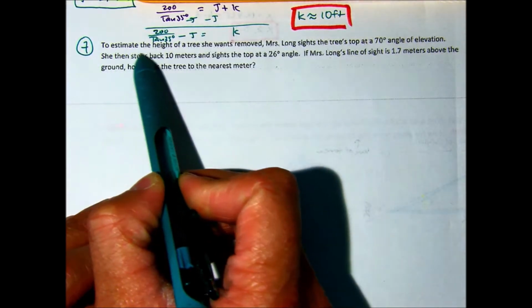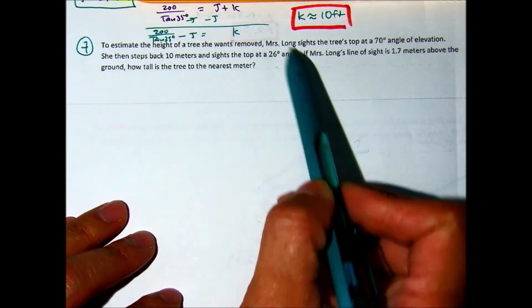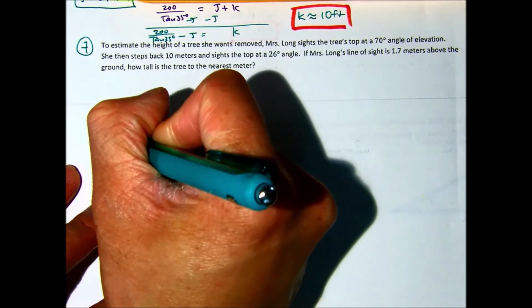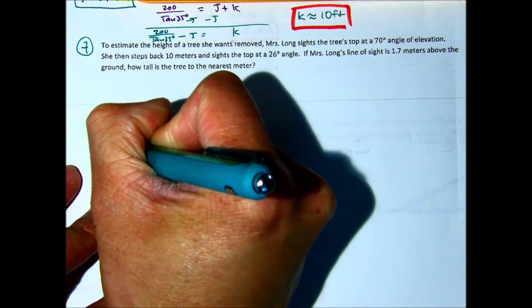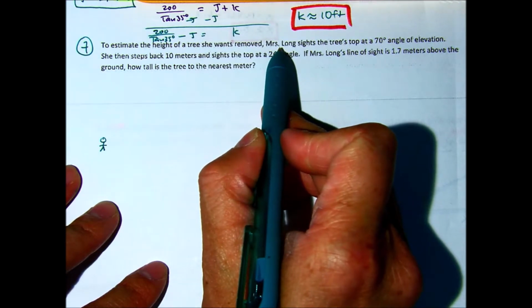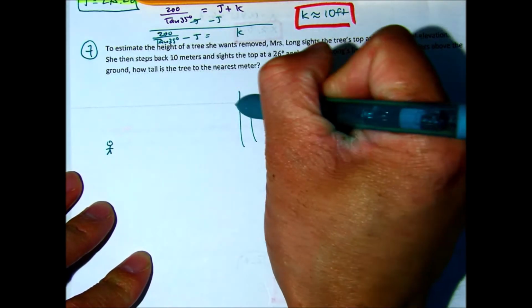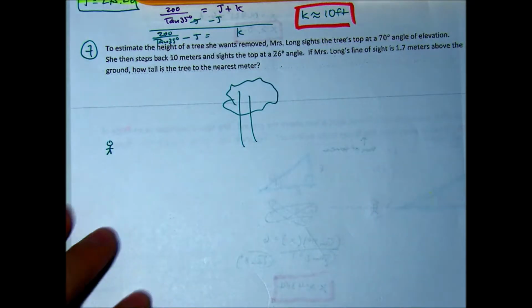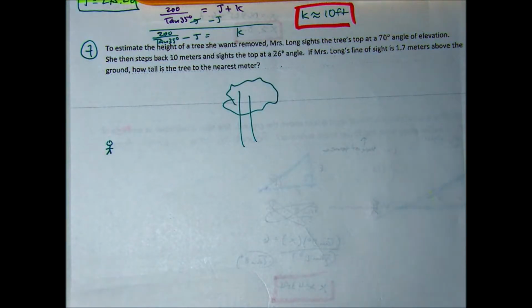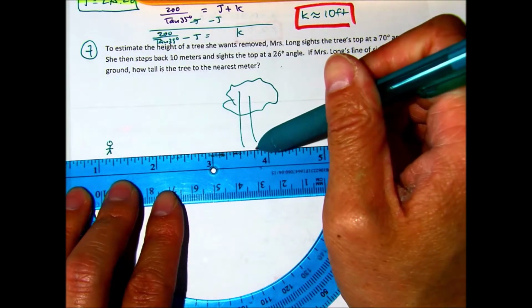To estimate the height of a tree, Mrs. Long, so let's draw Mrs. Long, cites the tree. So again, if you're getting stuck on the word problems, just draw a right triangle.